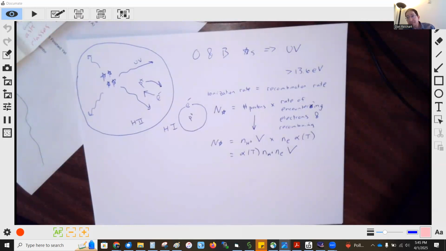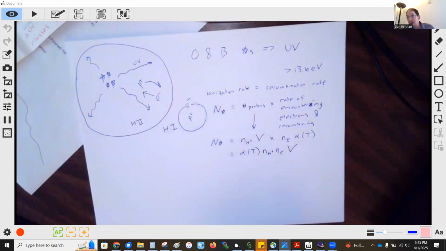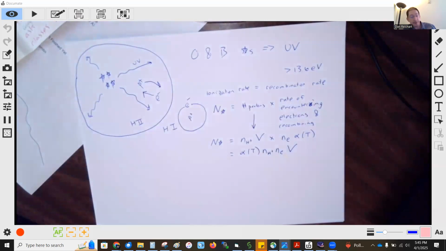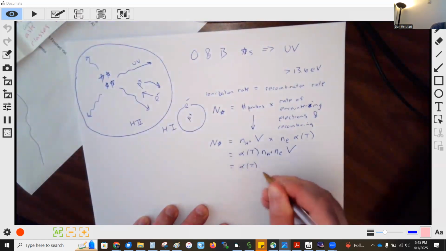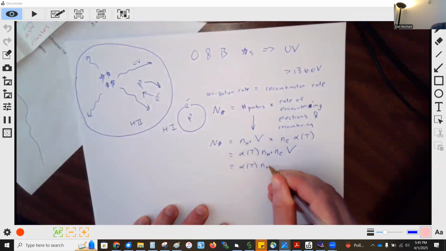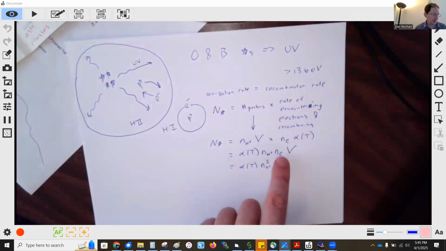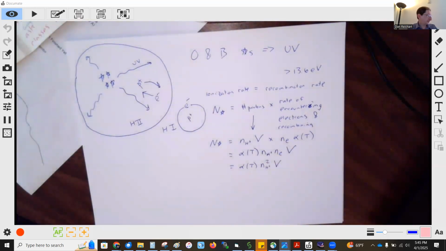Now it's ionized. It's in the same volume. And so these densities have to be the same because for every proton, there's just one electron, and for every electron, one proton. We can simplify this: alpha of T times the proton density squared. They're the same, so just treat as N_H, square it, since there are two of them, times the volume.